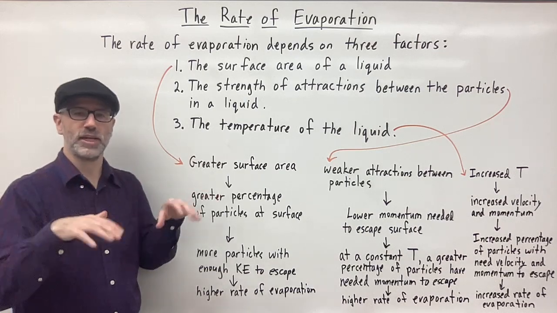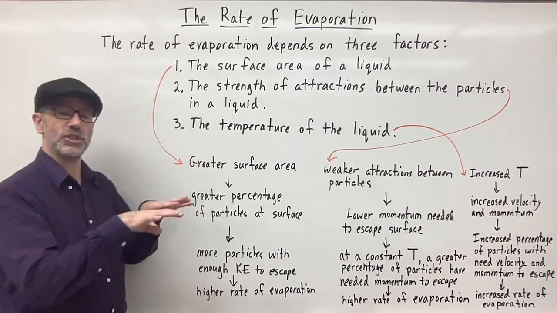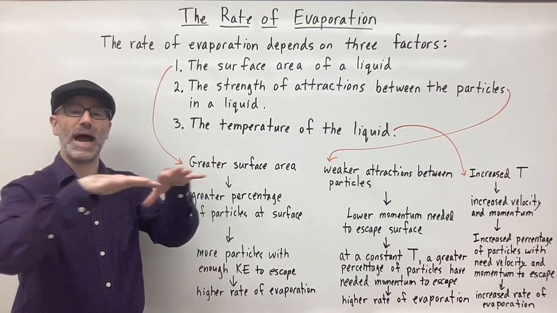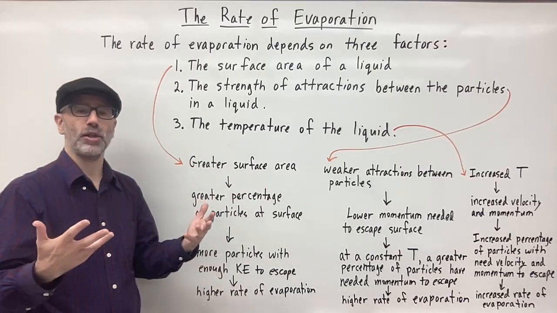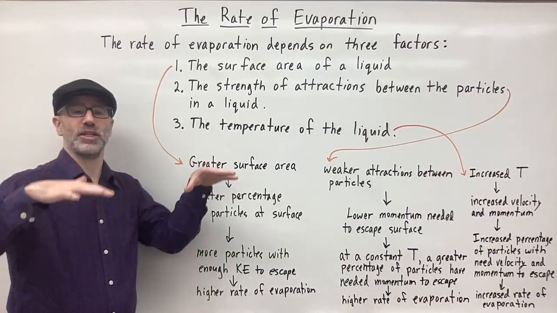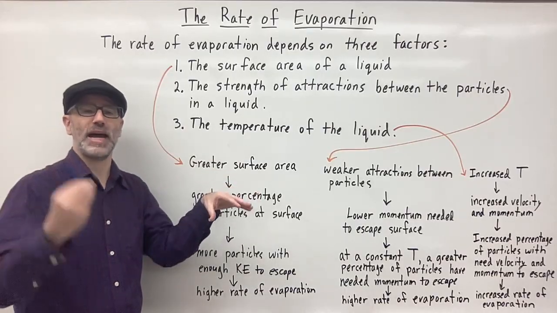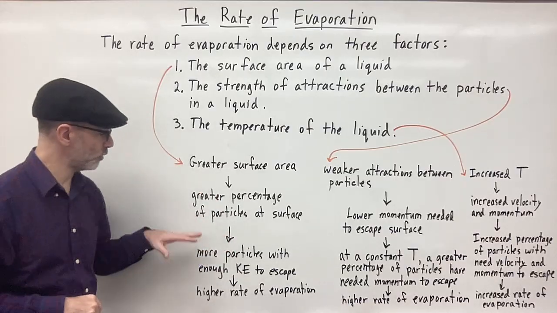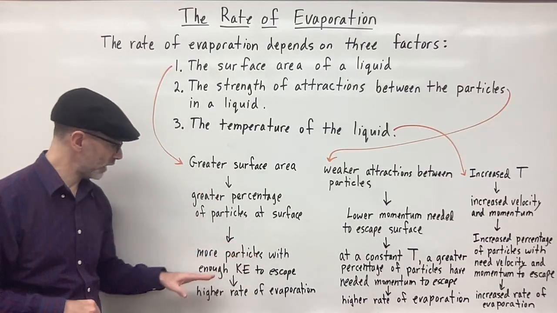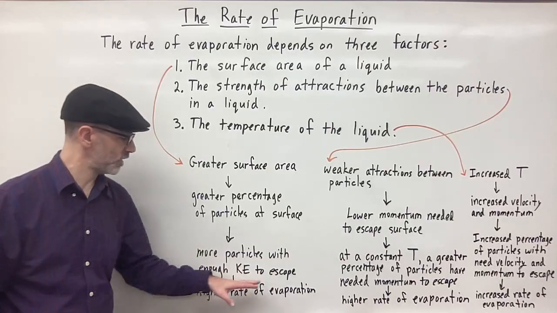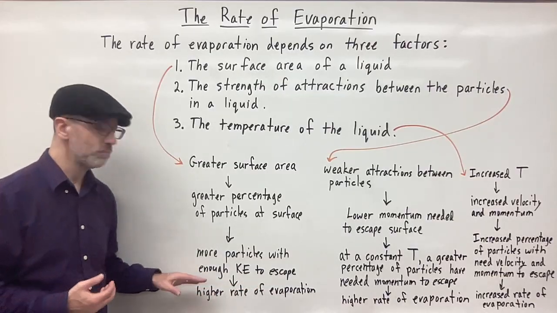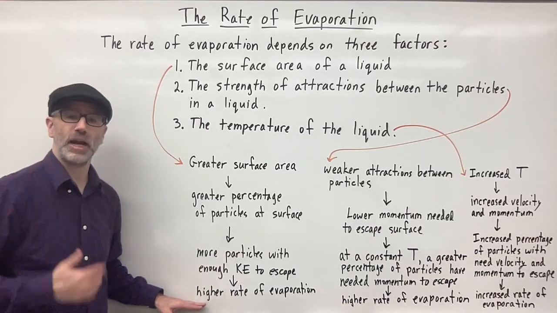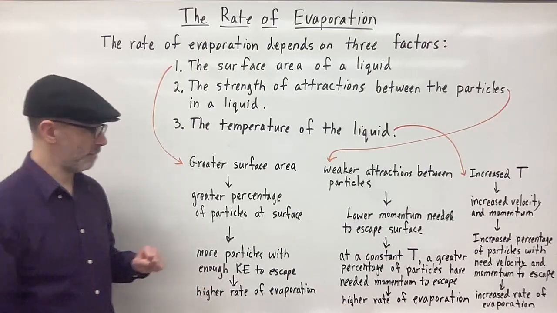But if you just increase the surface area, the number of particles at the surface is going to increase, and the number of particles that have enough energy to escape is going to increase. More particles with enough kinetic energy to escape will be at the surface, and therefore you're going to have a higher rate of evaporation.